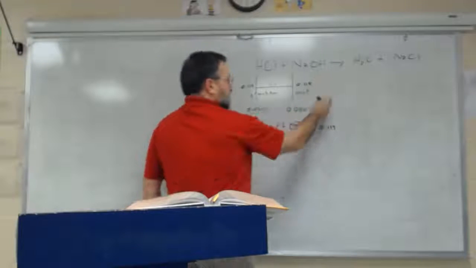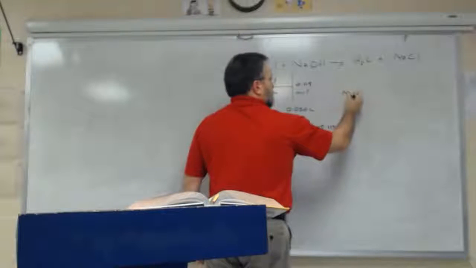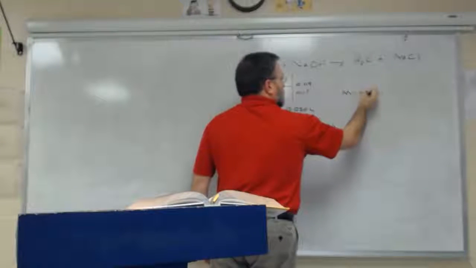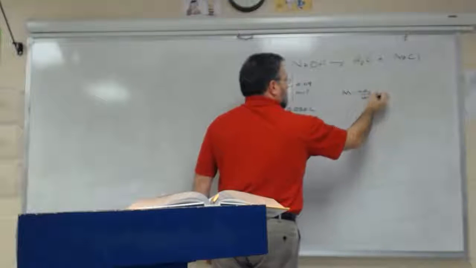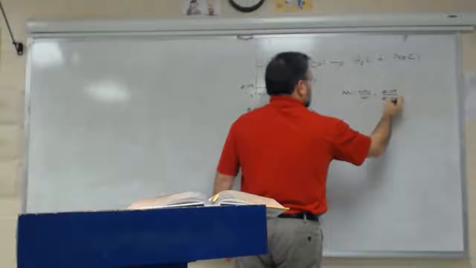I've got my moles and I have my volume. All I'm looking for is the molarity. Molarity is equal to moles per liter. In this case, it's 0.119 per 0.050.